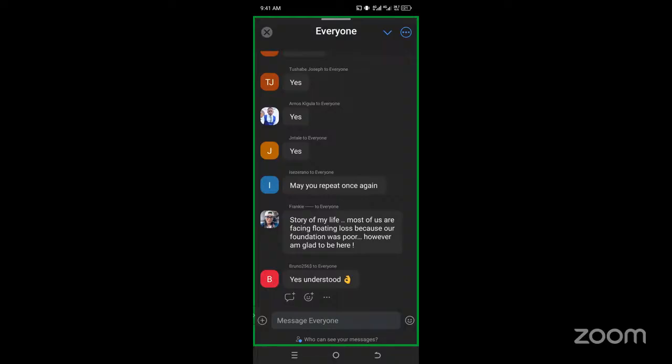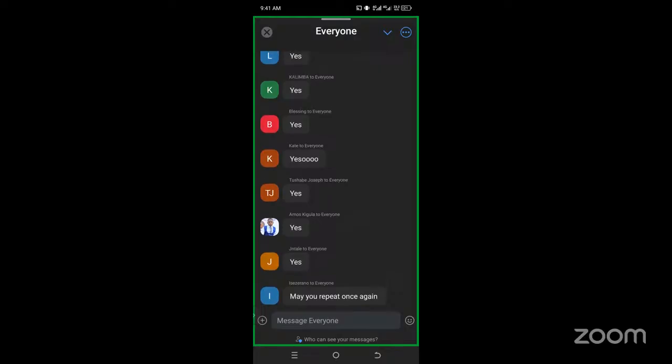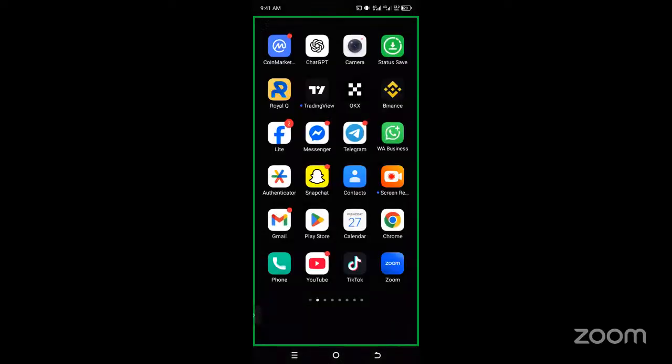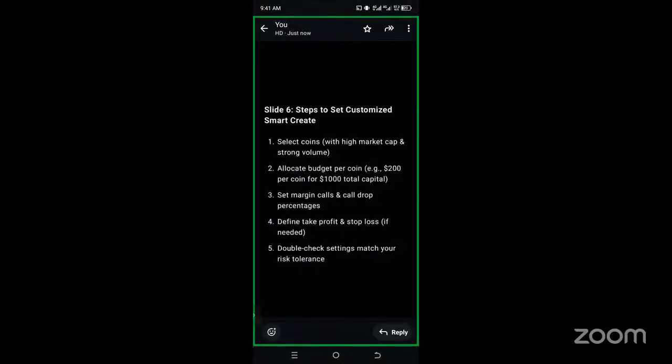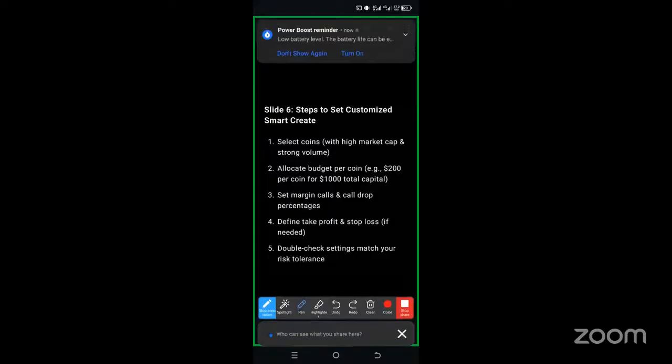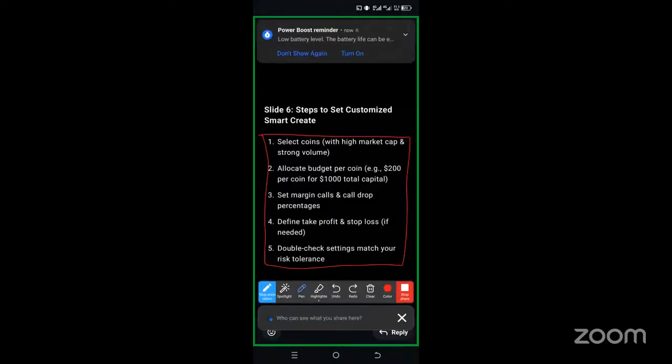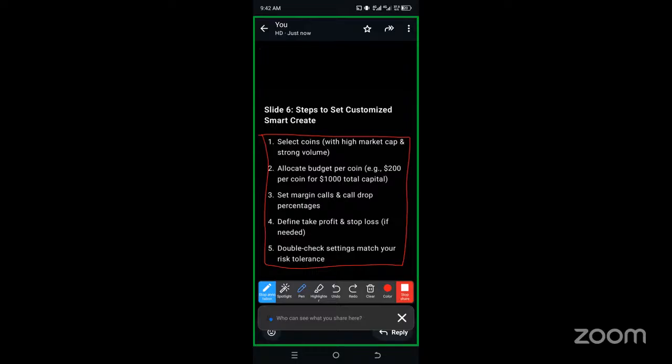Bruno, yes. And someone says that I'm requested to repeat it a little bit again. So now you need to understand these steps. Then this time you will realize that you bought a robot, but you have never known your robot yet. But whatever way you were using, whatever floating loss you have been facing, today, if you go through this, you will adjust and correct.